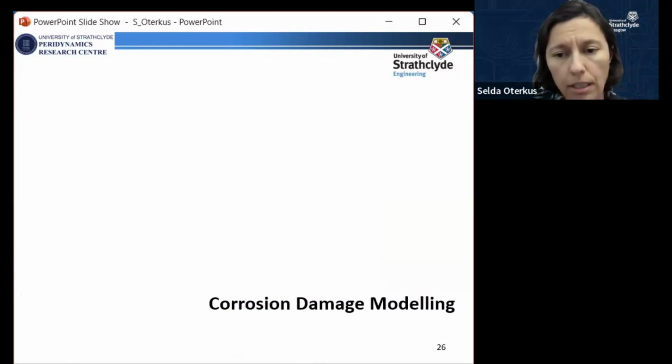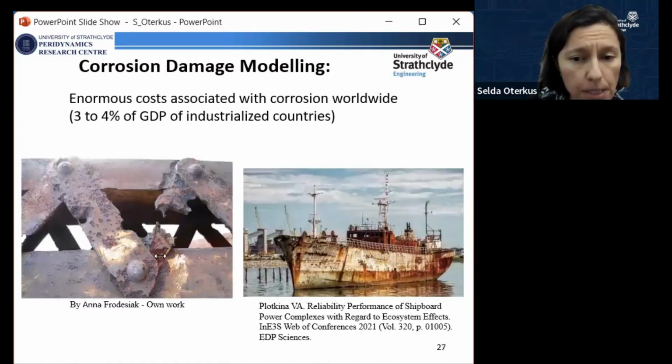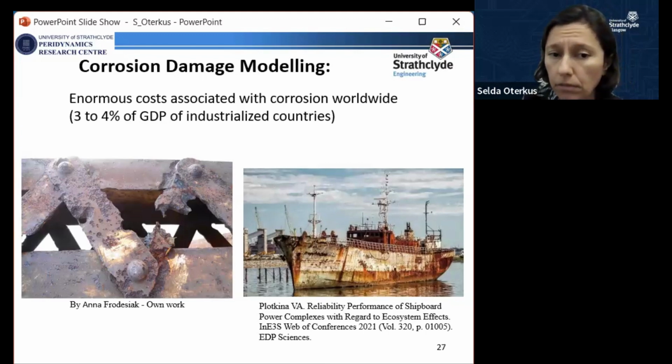As I mentioned, we have extended the peridynamic theory for different applications, and one of them is corrosion damage, which is a very important mechanism, especially for marine structures. As you can see here, metals can really suffer from corrosion, and if you don't take any necessary actions, for example, it can reduce in thickness, or there may be local corrosion damage, as you can see here.